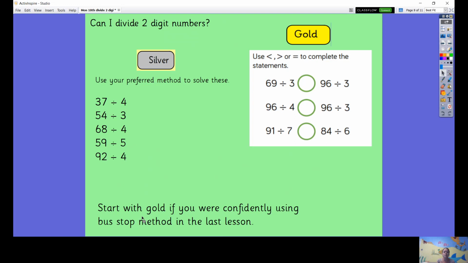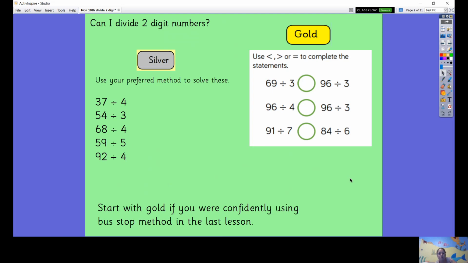If you're really confident with using the bus stop method, and if you were using it in the last lesson as well, you can probably start on gold today, and then move on to platinum, hopefully, if you have time. If you've only just started thinking about using bus stop method today, or if you're still using the bar model way to share out and divide, then start on silver. Or start where you think is a good place to start.